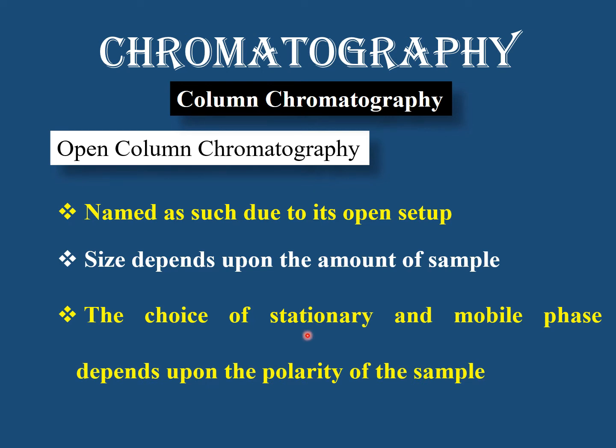As we have already discussed, in chromatography we have two different phases, the stationary phase and the mobile phase. Again, the choice of the stationary and the mobile phase is dependent upon the polarity of the sample, or you can just say that it depends upon the nature of the sample.